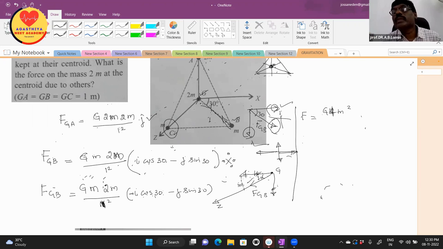From the second one, you multiply this quantity inward.